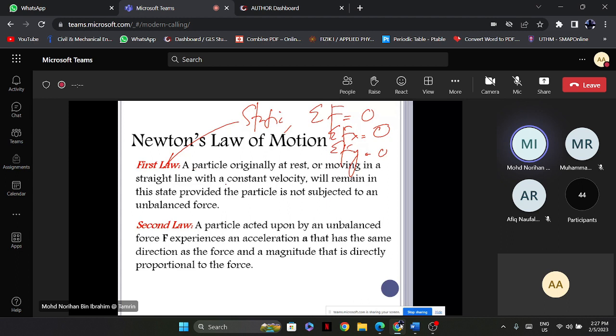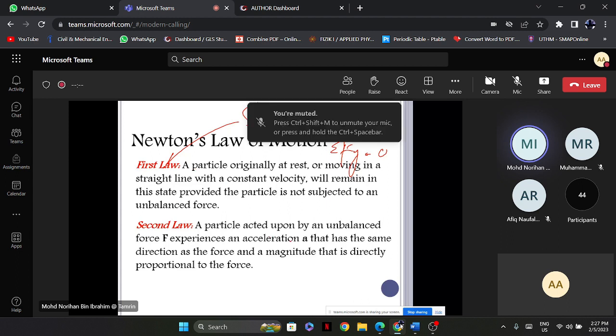The second law of motion: a particle acted upon by an unbalanced force F experiences an acceleration A that has the same direction as the force and a magnitude that is directly proportional to the force.